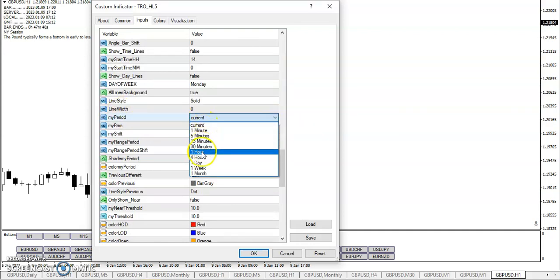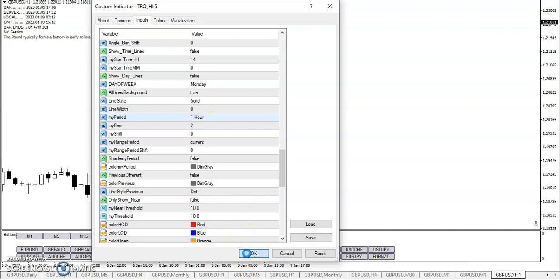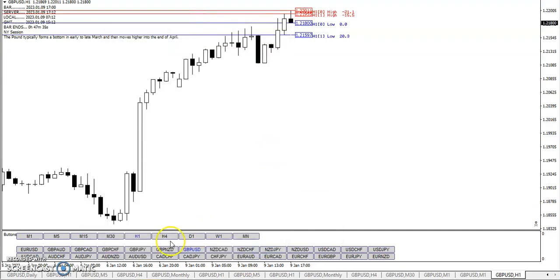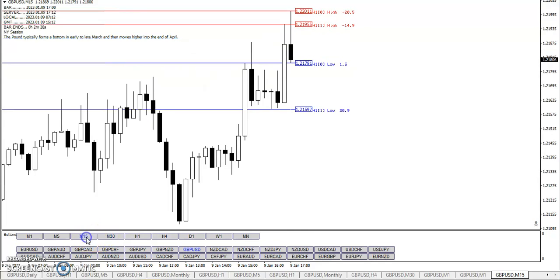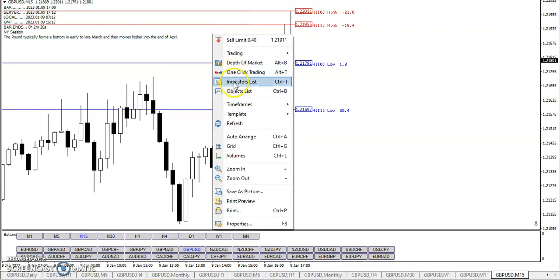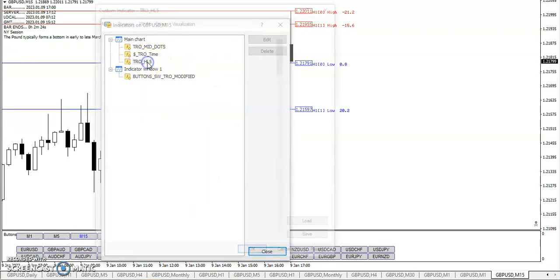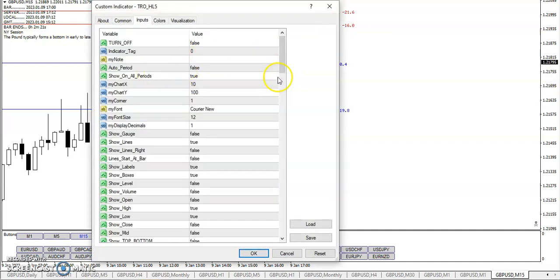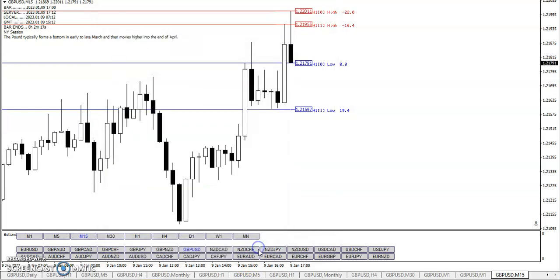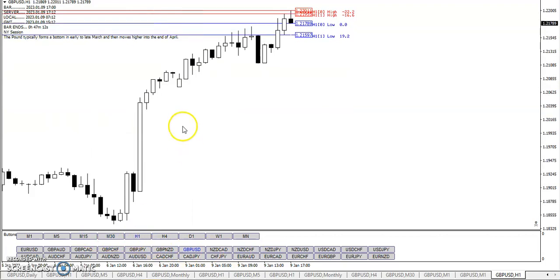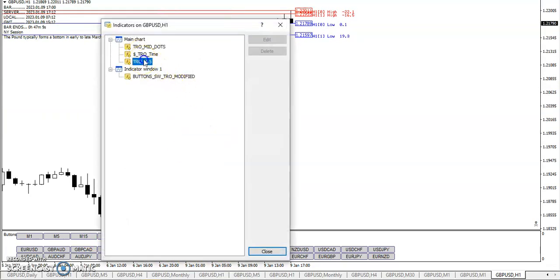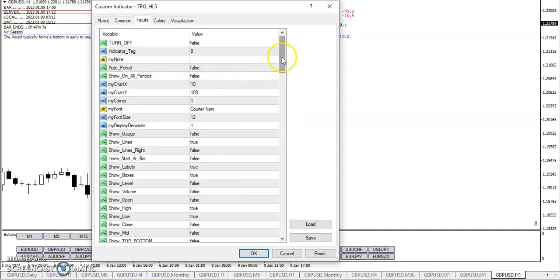Let's just change this to H1 and see what happens. We had show on all periods true. Let's see if I say show on all periods false. Yep, I'm definitely going to have to figure out what that does and report back.